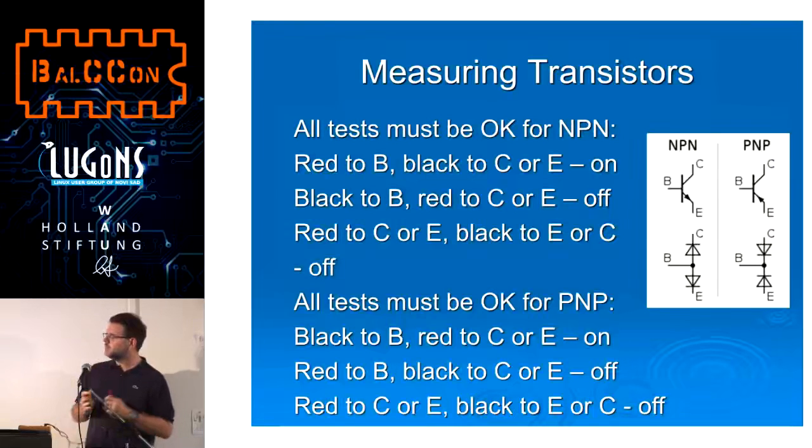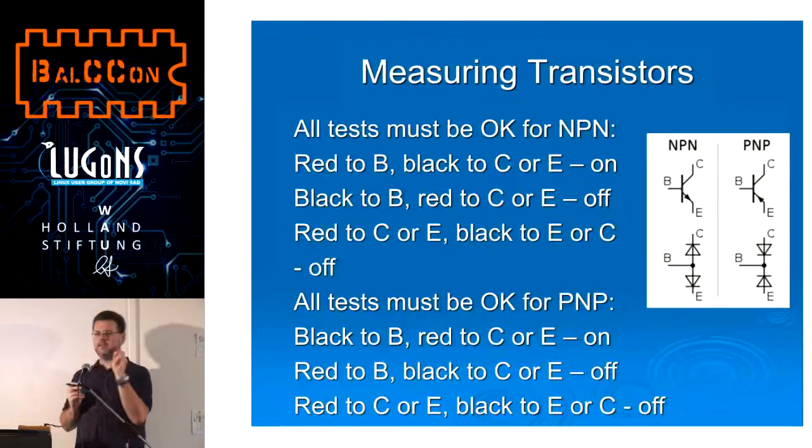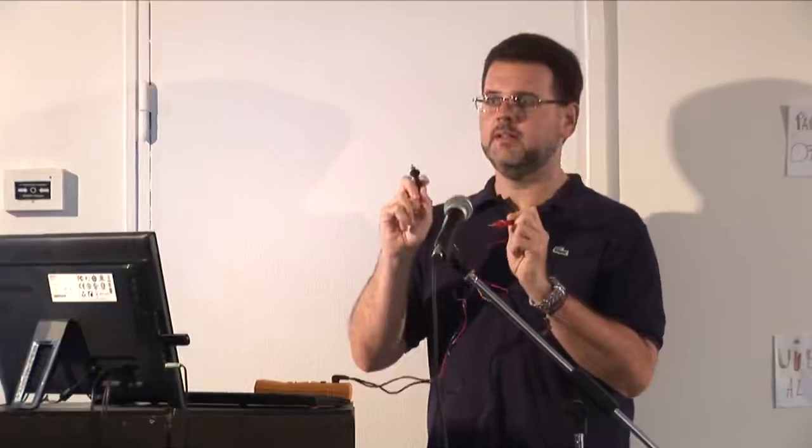For NPN, if I put the positive end on base and negative on collector, I'll get a readout of a passing diode. If I change negative to emitter, then again it will pass the current. If I reverse it, put negative on base and positive on collector, it should read not passing current. In this way you can test any bipolar transistor to see if it's working.